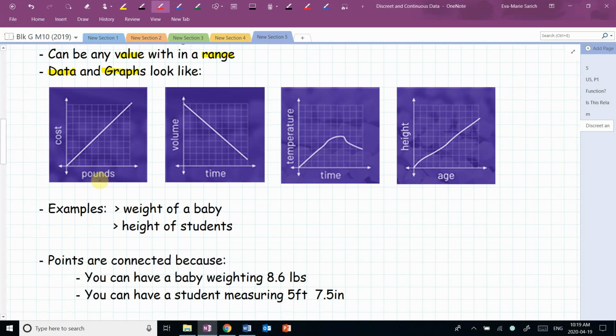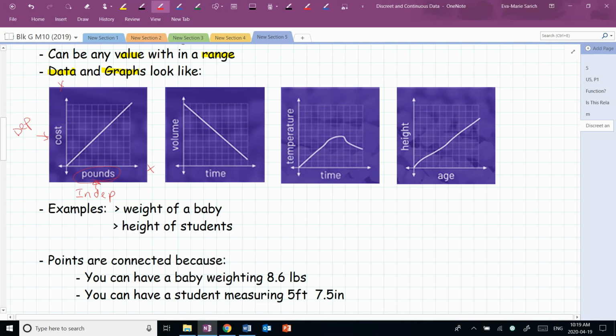Again, we're still going to have the independent variable on the bottom, that's our X, and the dependent variable, which is our Y. So the number of pounds of bananas that you buy will determine the cost that you're going to pay for those bananas.